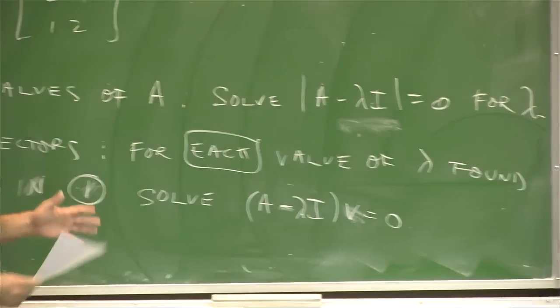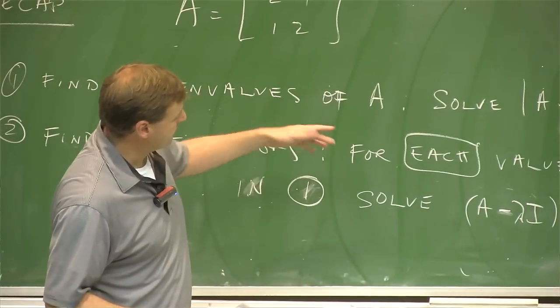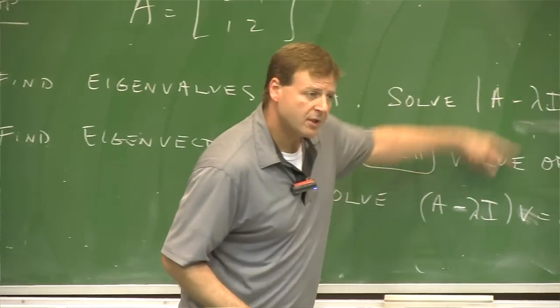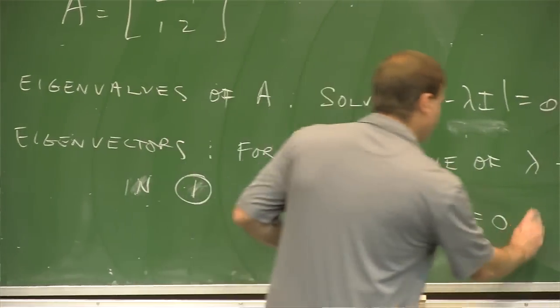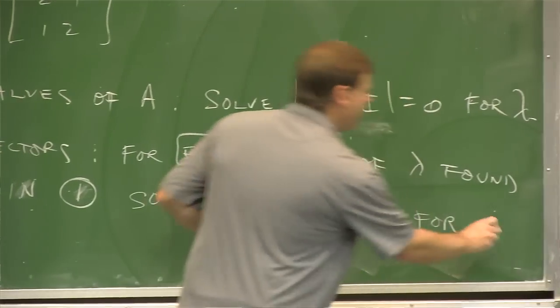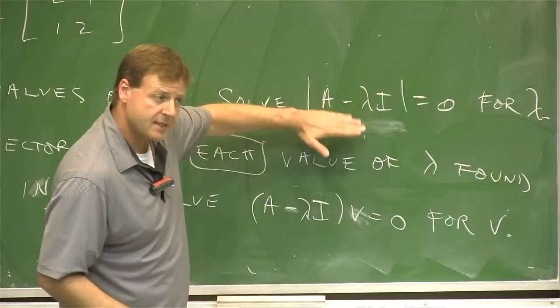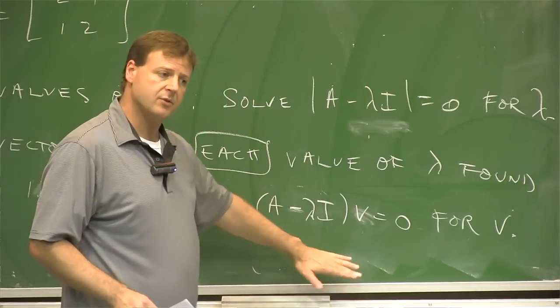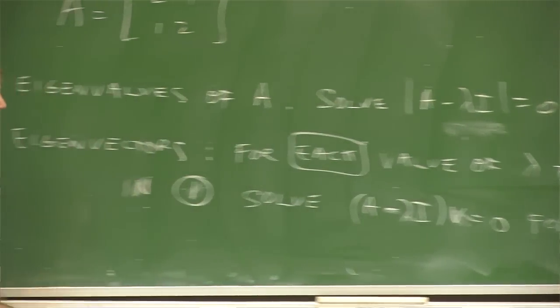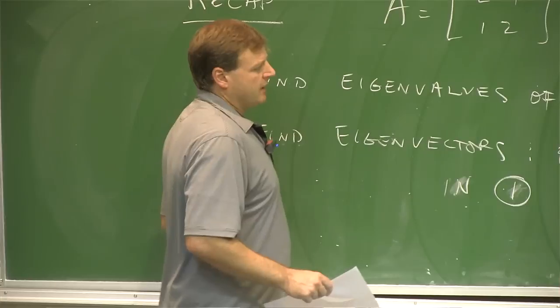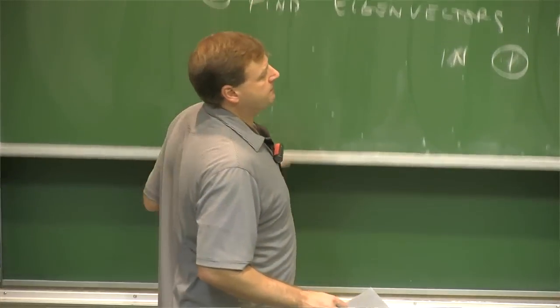For your notes, these two things look similar, but here we're solving this for V, and here we're solving for lambda. Here we have vertical lines, that means take the determinant. Here we don't. There's no determinant here. So try to pay attention to the symbology to help you remember what to do.